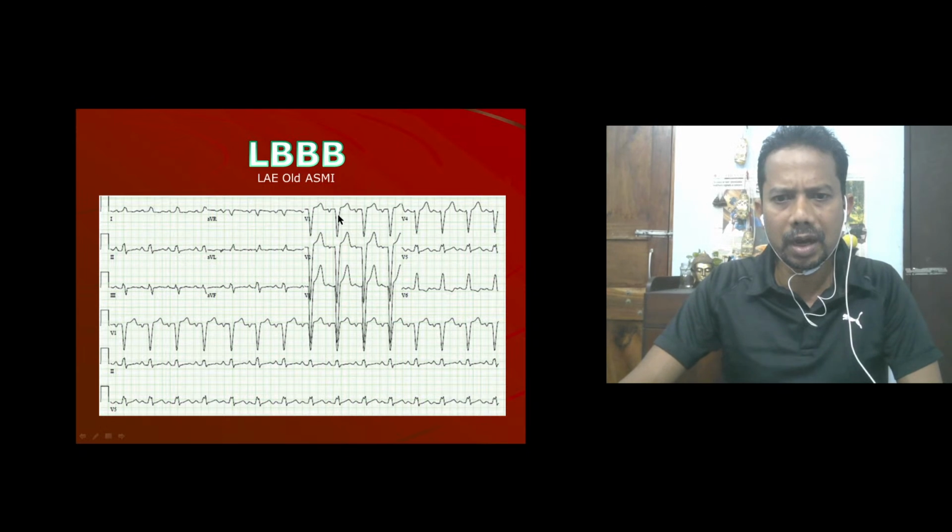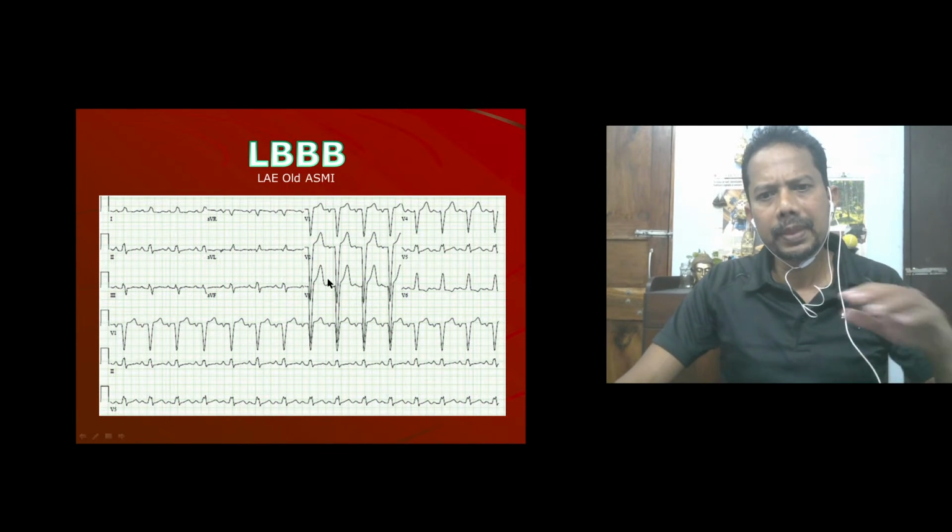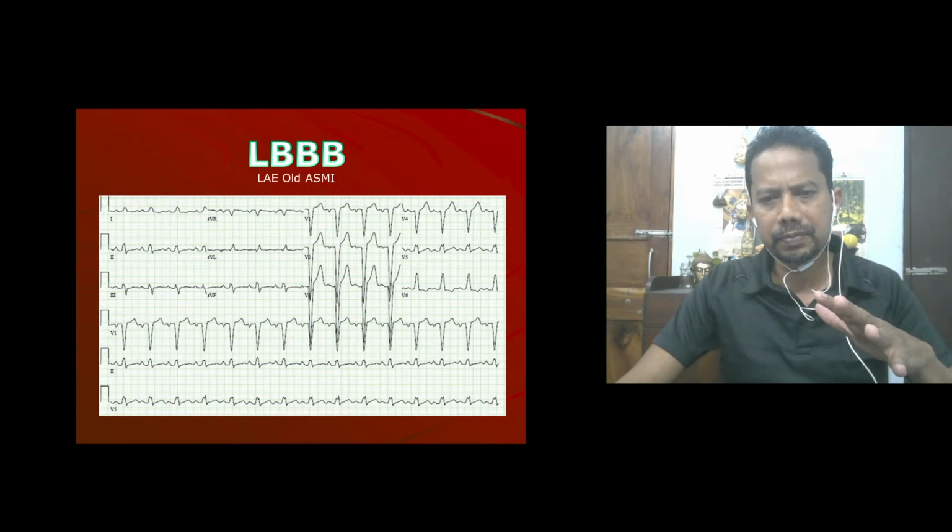Out here there is a small nudge; you have to zoom in and see. This is probably an R wave, and out here there is a small notch and then an S wave. When it is going like this and coming down, then it becomes a Q wave, but definitely the R wave progression is not there.